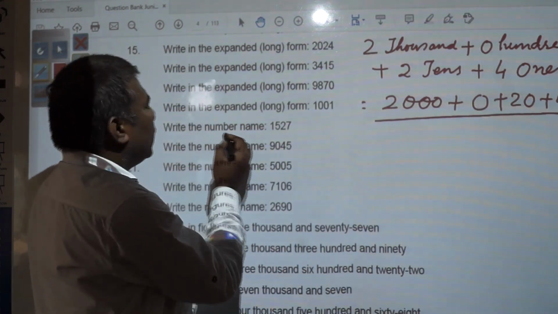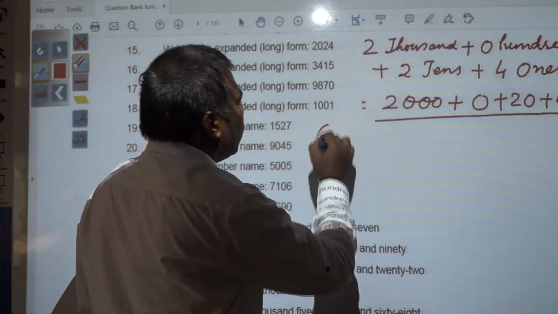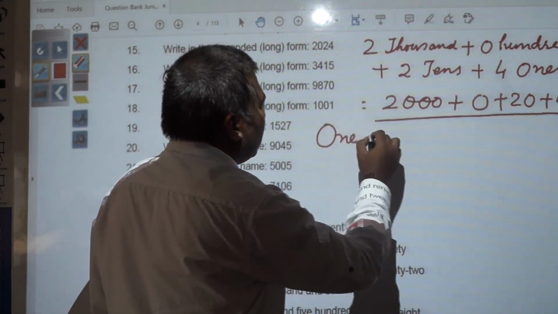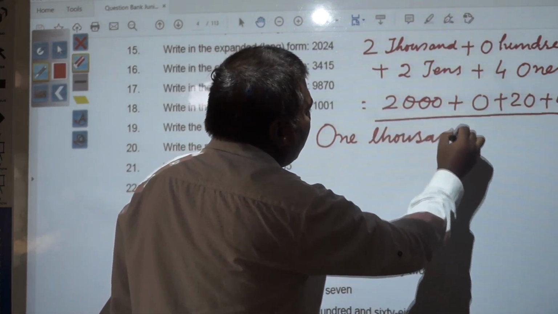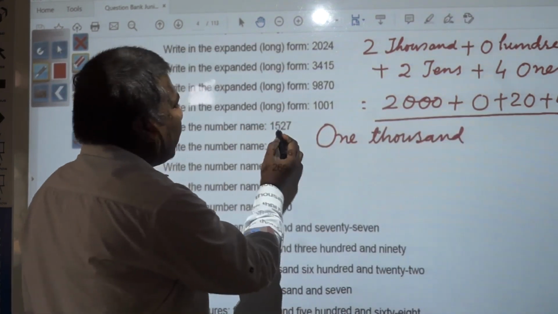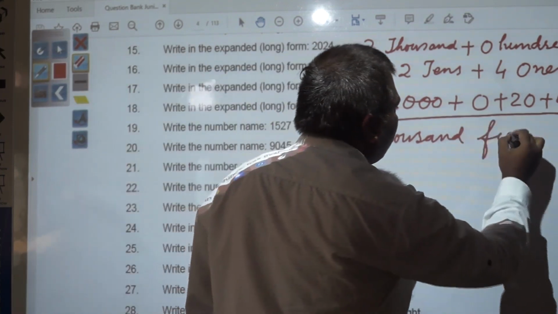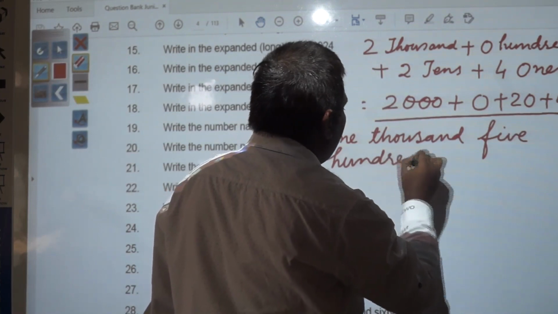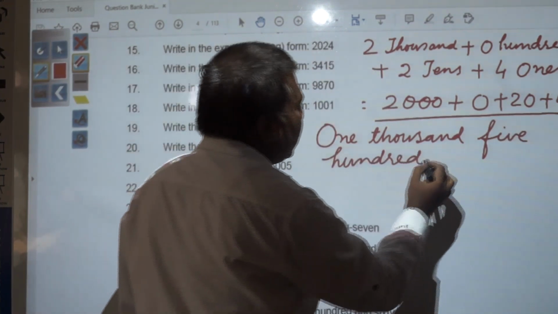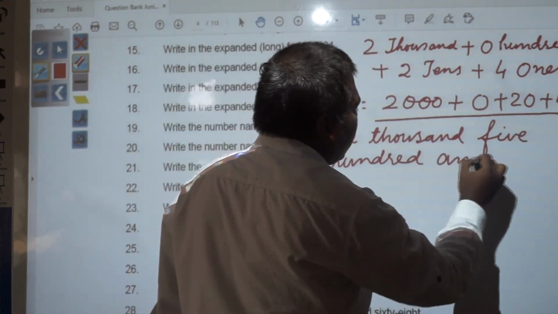Because you need to write the number name, here you will write 1000, 500, and 27.